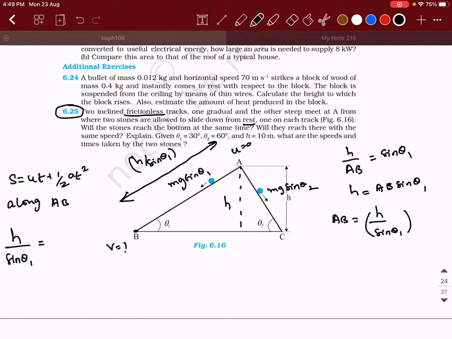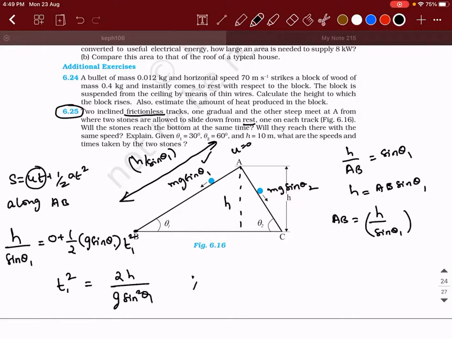So h divided by sin theta 1 is equal to u, which is 0, plus half into the acceleration in this direction, which is g sin theta 1, into t1 square. If you calculate t1 square, you will get 2h divided by g sin square theta 1. Similarly, t2 square will be 2h divided by g sin square theta 2.